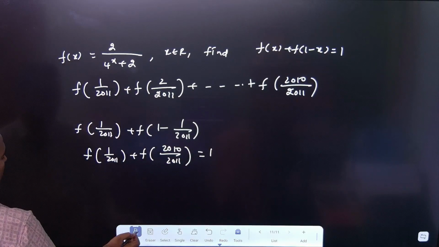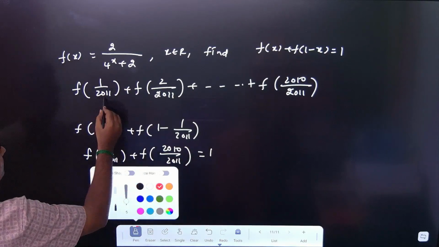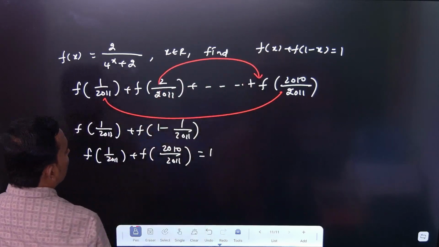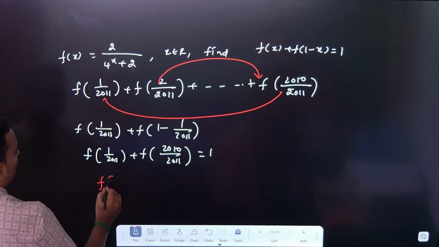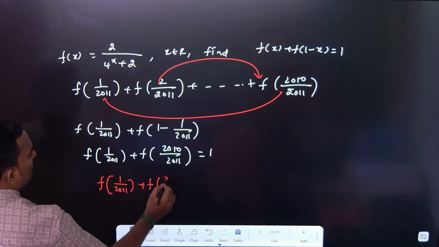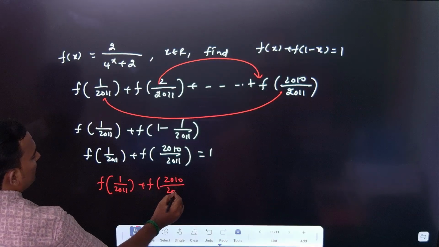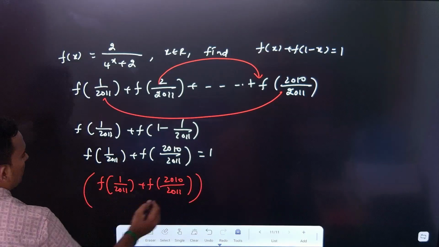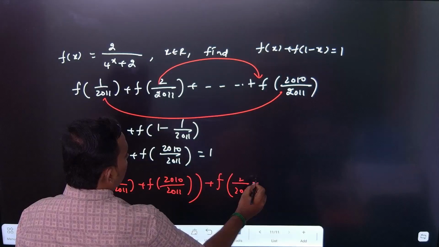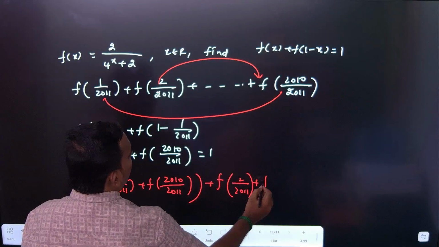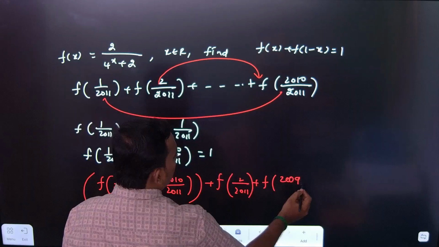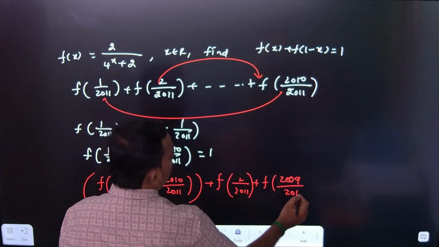The same way, what we can do, you compare the first and the last pair, and the second one and the one before the last. So just write it, f of 1 by 2011 plus f of 2010 divided by 2011, one pair, plus f of 2 by 2011 plus f of 2009 divided by 2011.